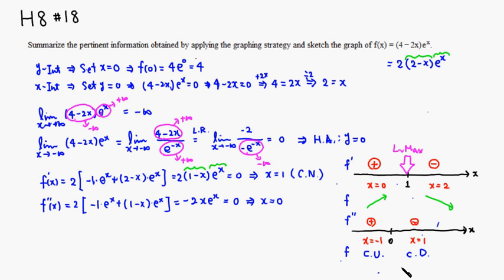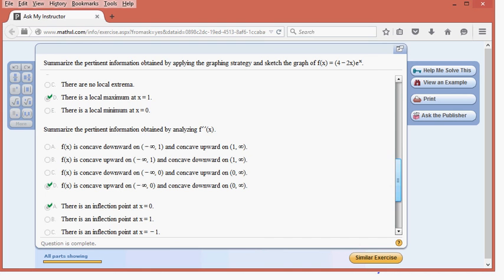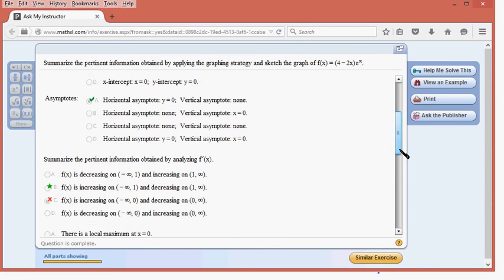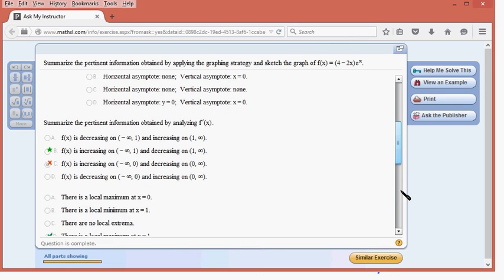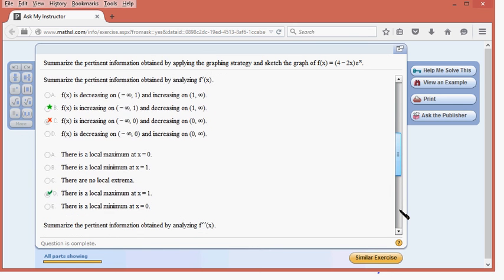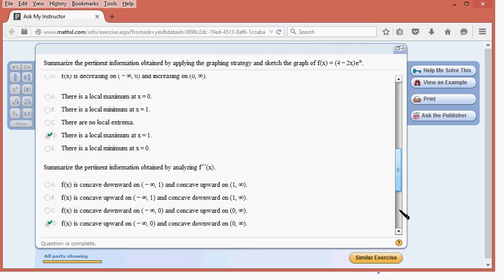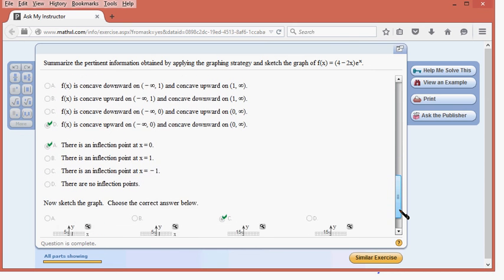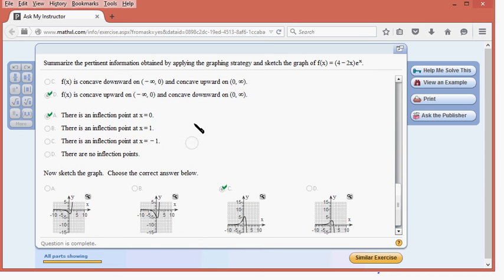So before 0, it's concave up, and after that it's concave down.